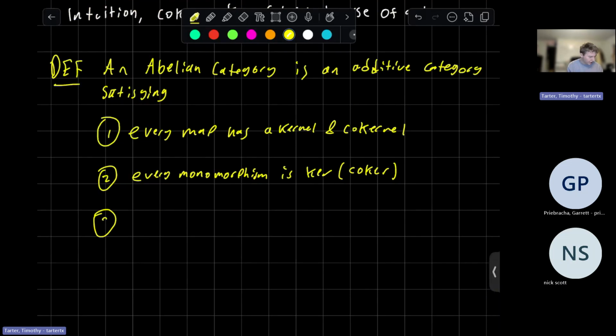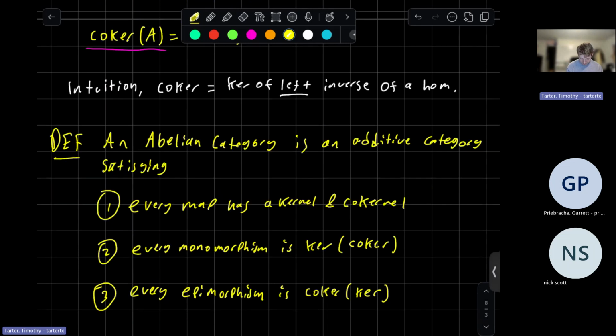And then every epimorphism, so like a surjection, is the co-kernel of its kernel.